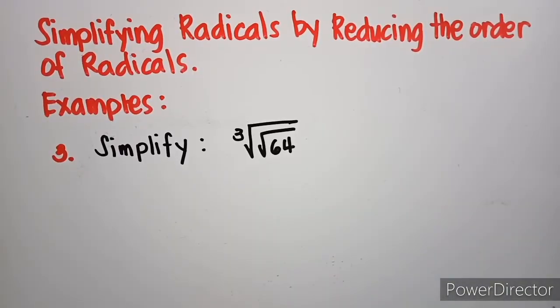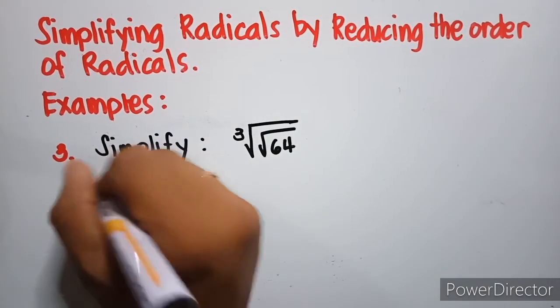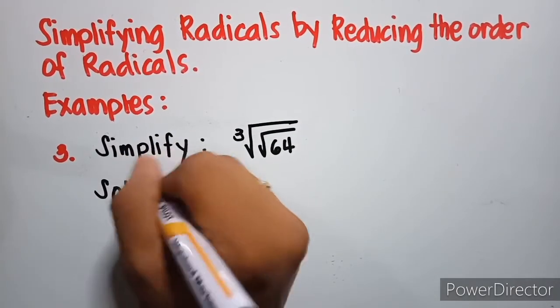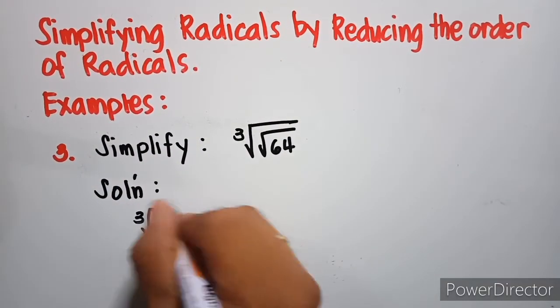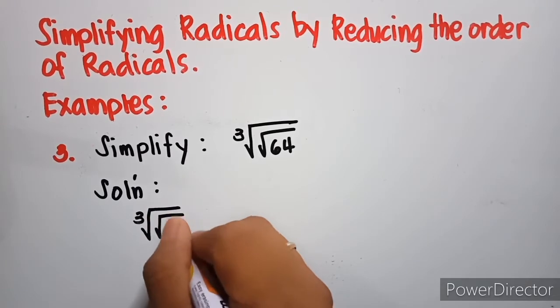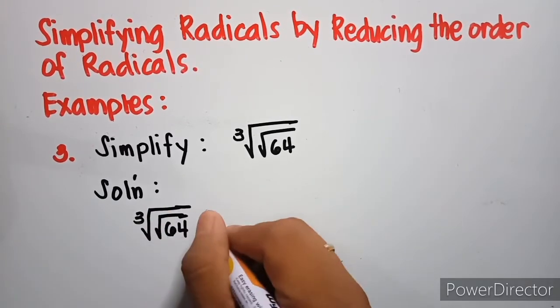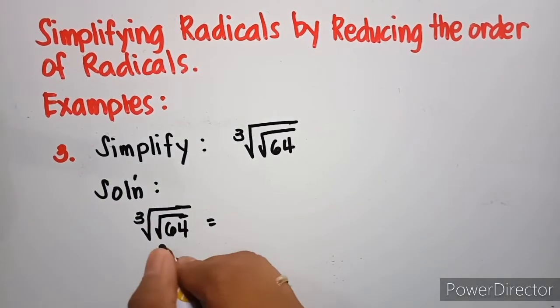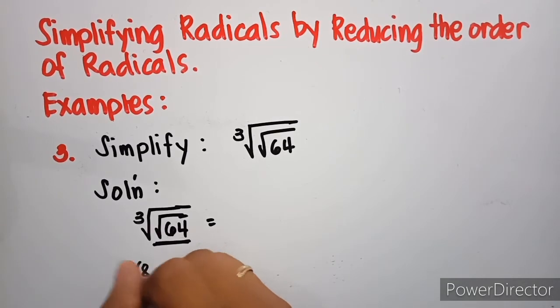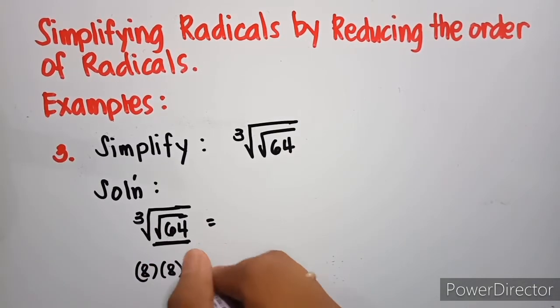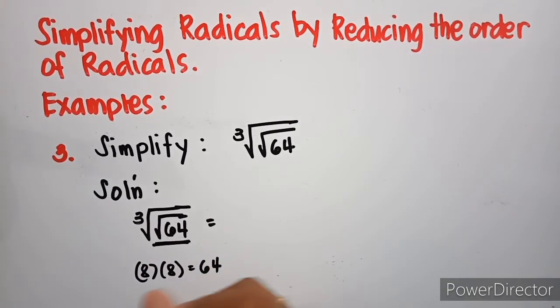Number 3. Simplify. Cube root of square root of 64. So our solution, dalawa din. So una, cube root of square root of 64. That is equal to, unahin natin yung nasa loob. Ano ang square root ng 64? That is 8. Kasi 8 times 8 is equal to 64.